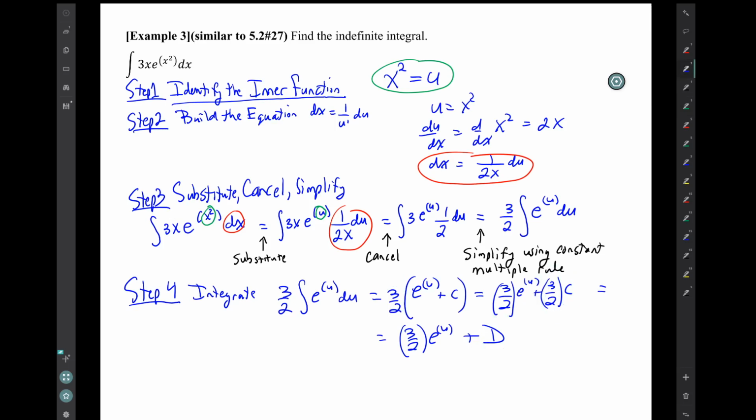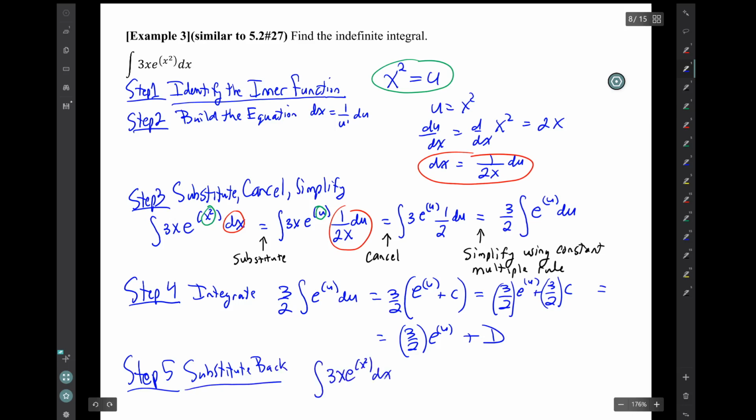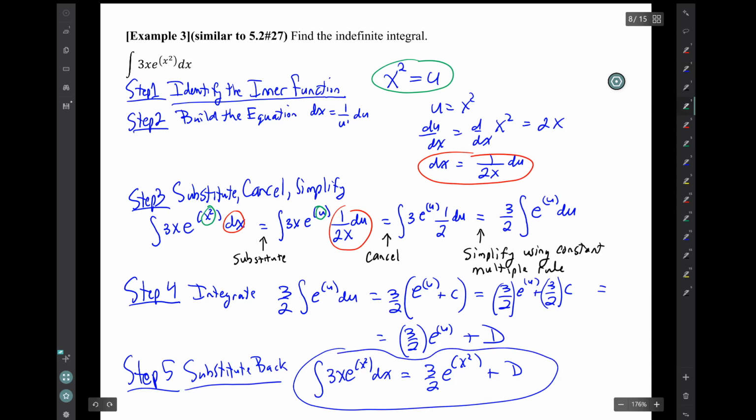When we substitute back, we'll have our answer, so I'm going to present the integral equation. There is our answer. We substituted back using this green substitution to replace that u with x squared. And again, the final answer is this function form, which is what that indefinite integral symbol represents.